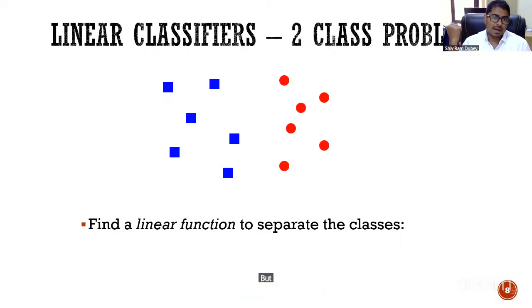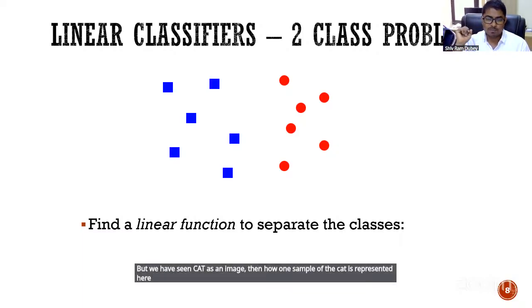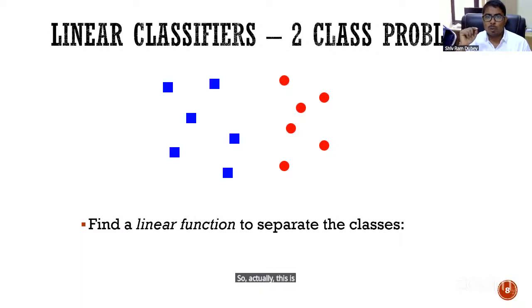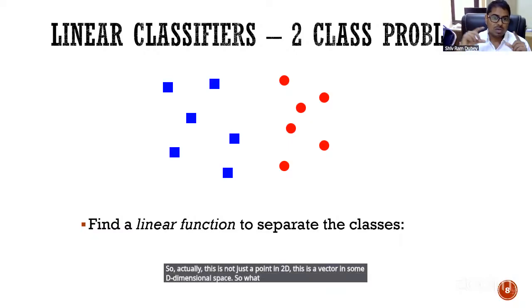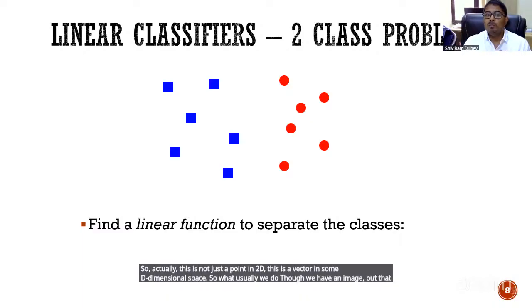But we have seen a cat as an image, so how is one sample of the cat represented here by just one point? Actually, this is not just a point in 2D. This is a vector in some d-dimensional space. Though we have an image, we convert that image into a d-dimensional feature vector, and that vector is represented here as a point in d-dimensional space.